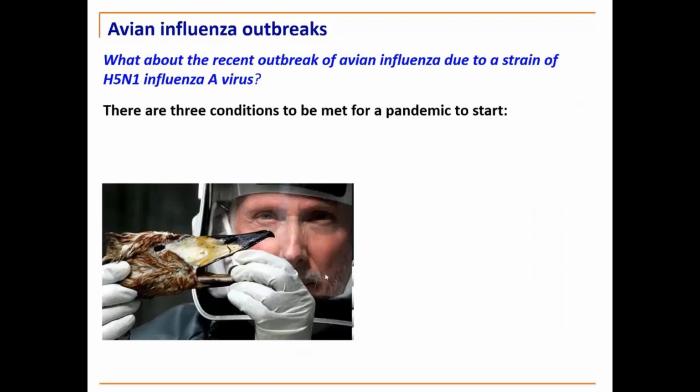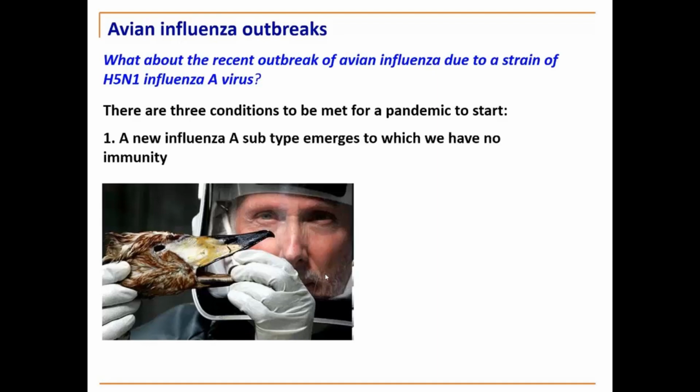So, how do we actually get a pandemic starting in the first place? What are the 3 conditions that need to be met? Well, you need to have a new influenza A subtype emerge to which we have no or very limited immunity. And that was the case with this H5N1 avian flu. The virus can infect humans, resulting in serious illness.